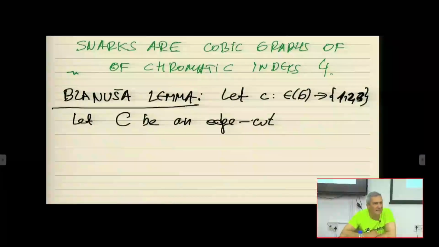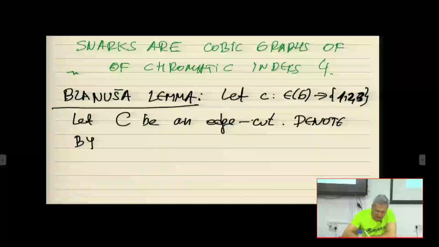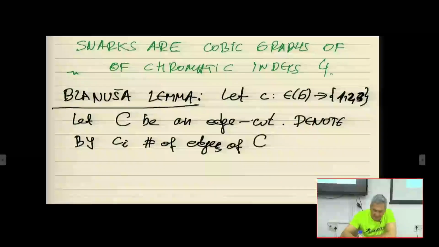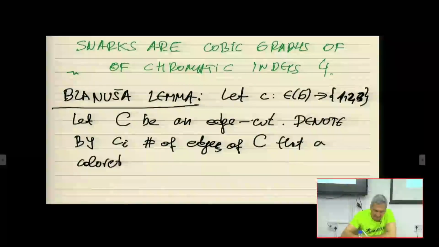We know what an edge cut is, yes? Okay, we will explain again. Now denote by small c_i the number of edges of C that are colored by i.